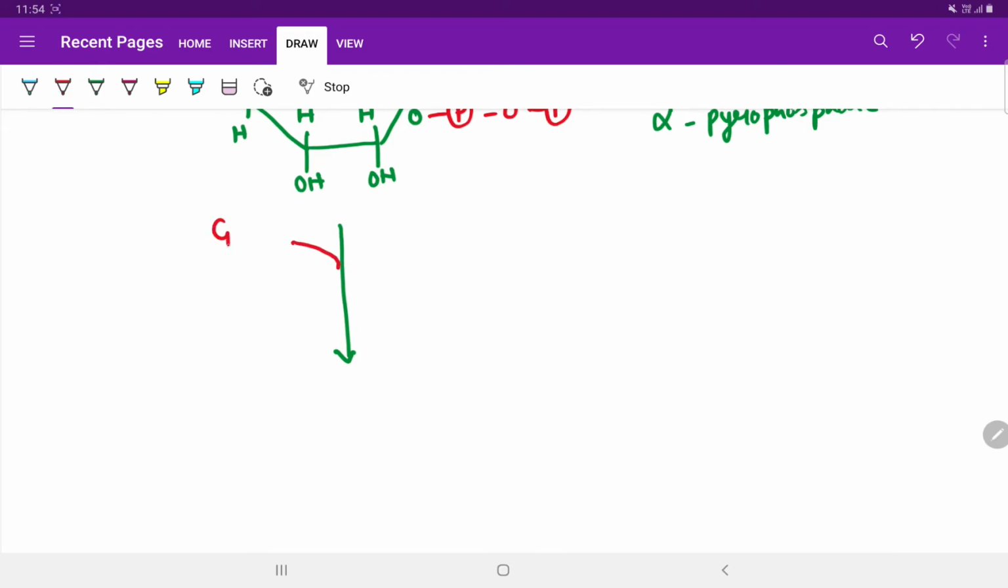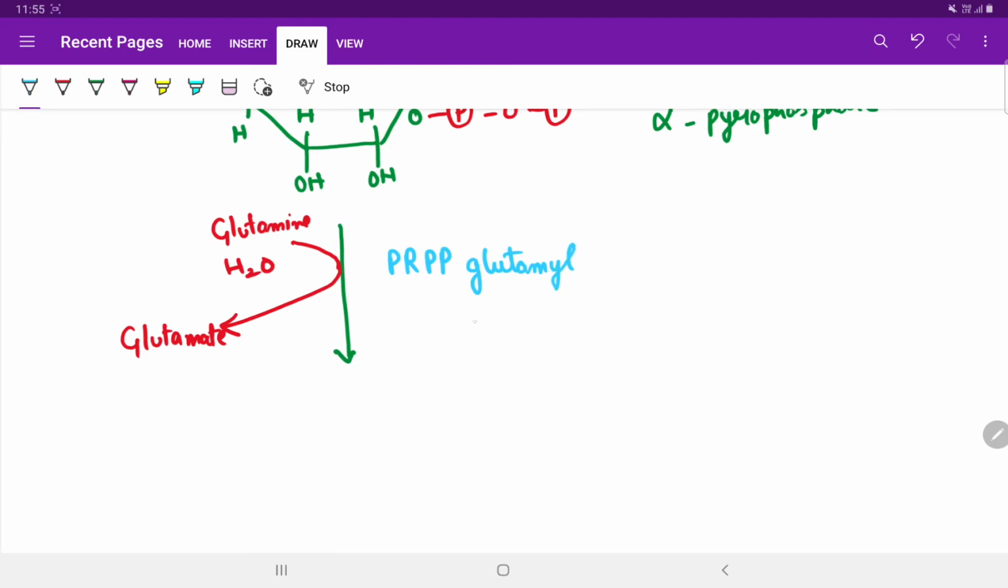So by addition of a glutamine molecule, this leads to removal of a glutamate, and the reaction occurs in the presence of water and the enzyme PRPP glutamyl amidotransferase.